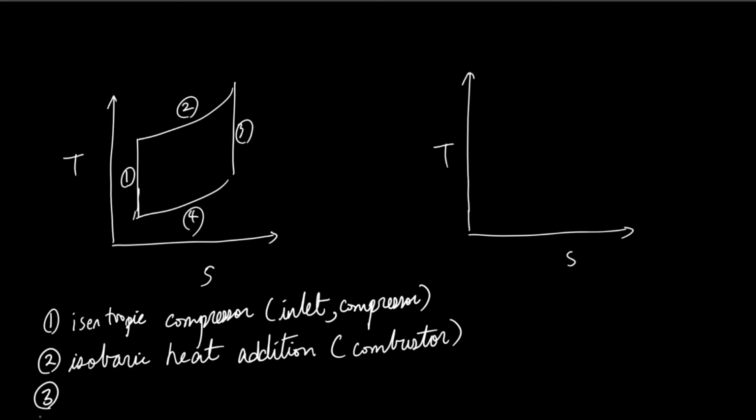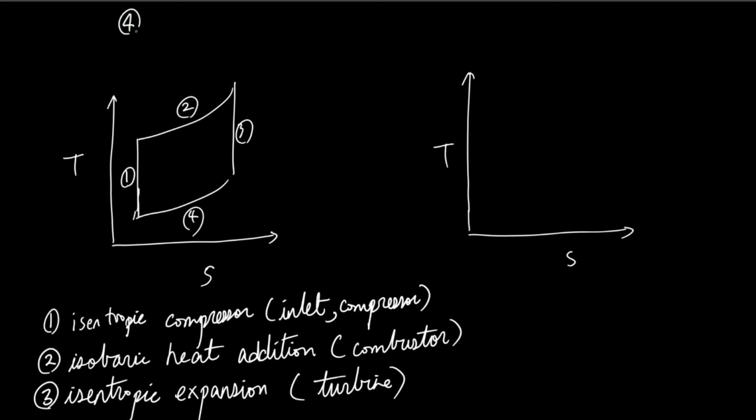For 3, we have isentropic, because as we can see, there is no change in entropy. Isentropic expansion. And this is the turbine. The turbine is isentropic, but it's taking away energy from the airflow, so it's reducing the total temperature of the airflow. What about 4? I'm going to write it on the top.